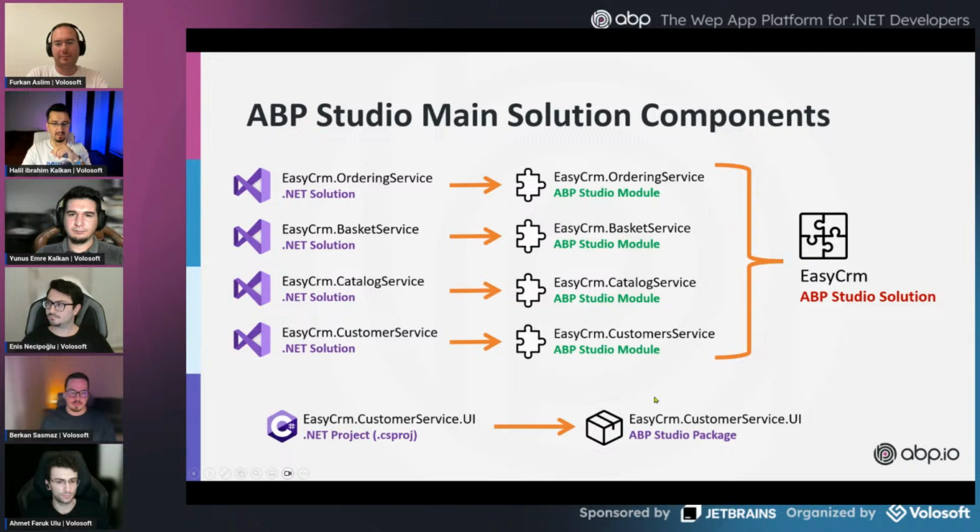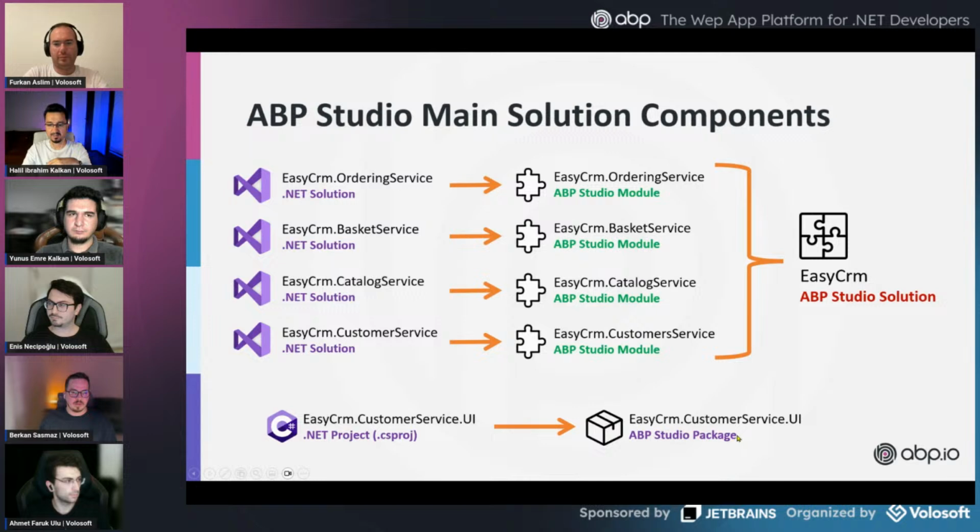Also, a .NET solution consists of multiple .NET projects, like csproj files. Each project is called an ABP Studio package in ABP Studio. So package is a more general term, but these projects can be published as a NuGet package, for example. So we call it a package.